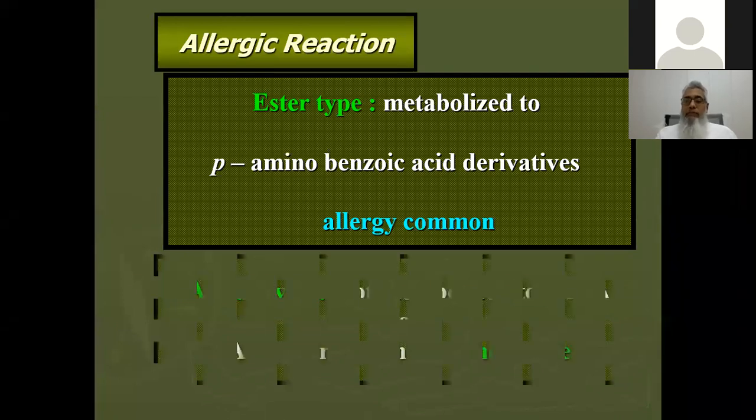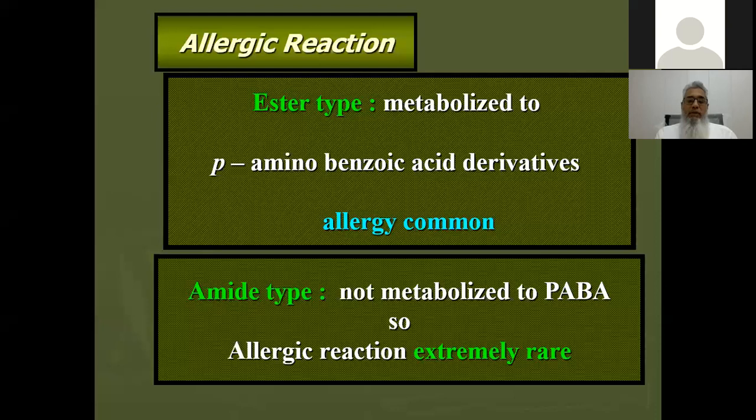The amide types, like the commonly used local anesthetics lidocaine, bupivacaine, ropivacaine, don't metabolize to PABA, and allergic reactions are extremely rare, so they can be used safely.